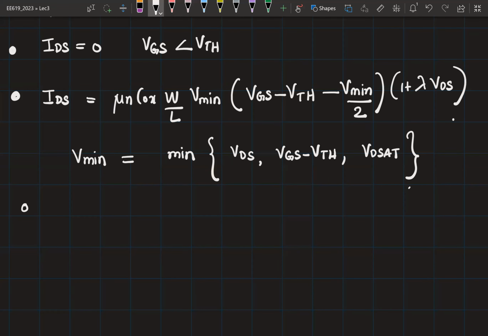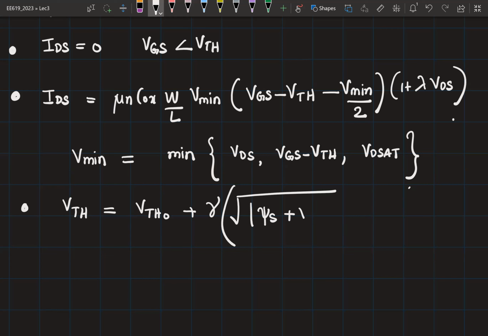Now because it is a unified model, let's also write the expression for threshold voltage. This is equal to VTH naught plus gamma into root of psi s plus PSB minus root of psi s.